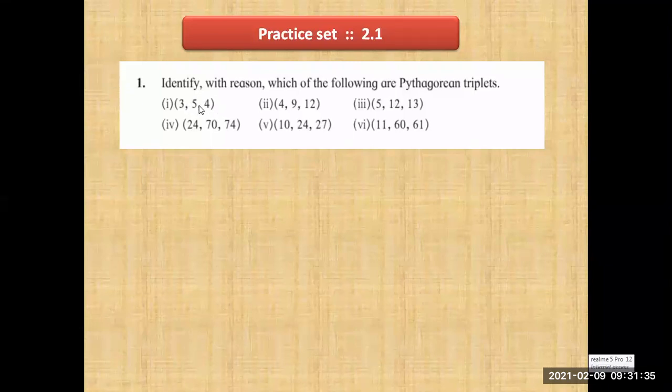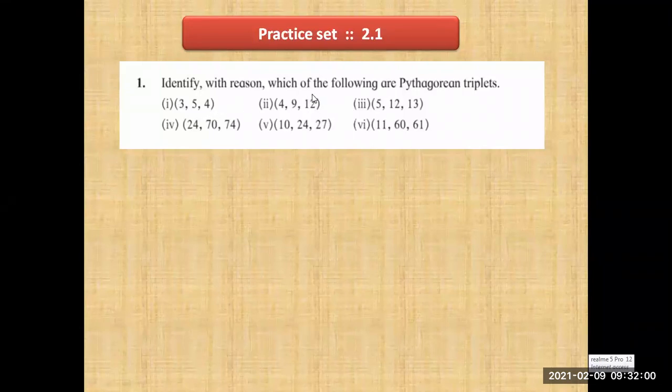If the sum of the squares of the remaining two sides is equal to the square of the largest side, then we say that it is a Pythagorean triplet. In this, we first find 5 square, that is 25. Then we find the squares of 3 and 4 and add them. 9 plus 16 is equal to 25, and the square of 5 is 25. That means this one is a Pythagoras triplet.